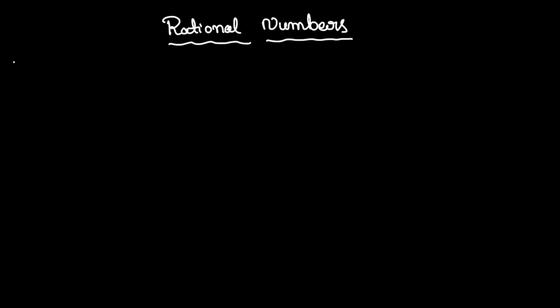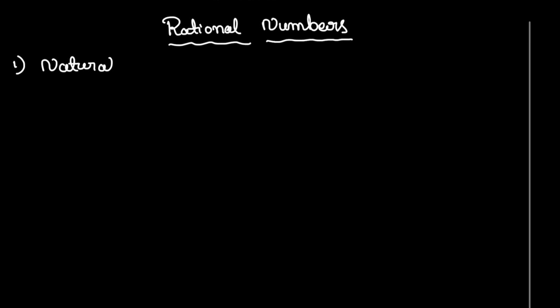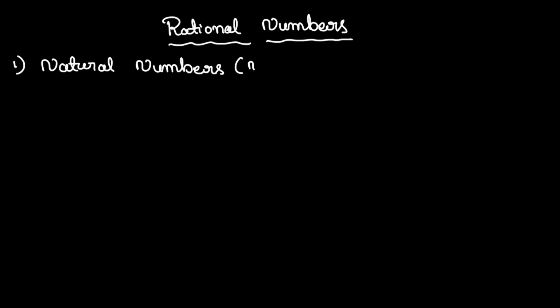First is natural numbers. Natural numbers are represented with capital letter N. N equals 1, 2, 3, 4 and so on.